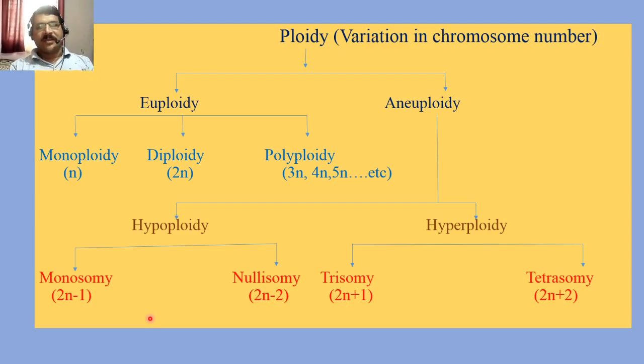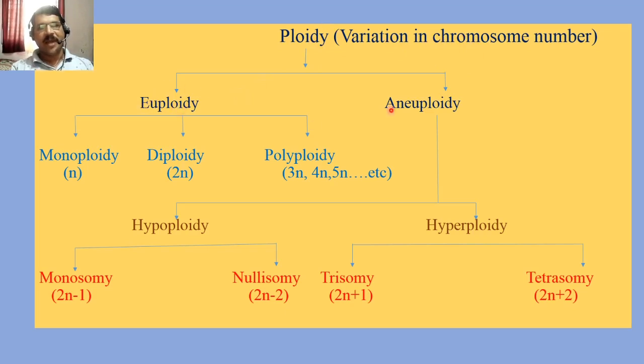Now we will see a summary of ploidy. As we have discussed in various previous lectures, there are 2 types of ploidy, that is euploidy and aneuploidy. Variation in chromosome number can take place in these 2 ways.